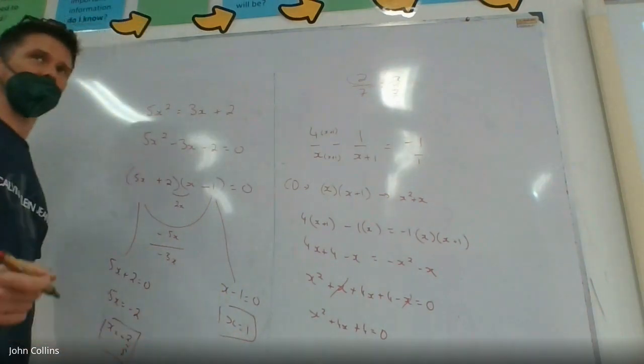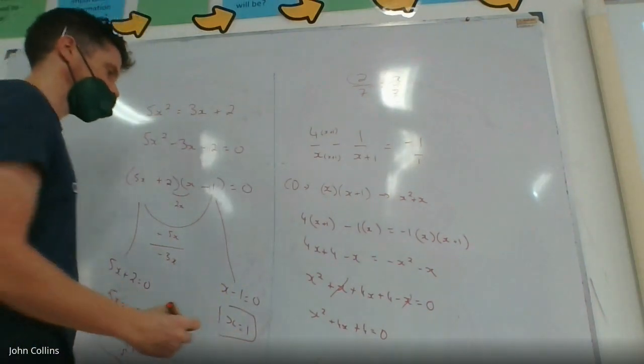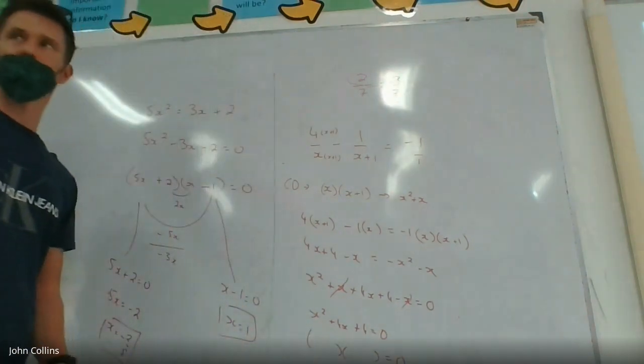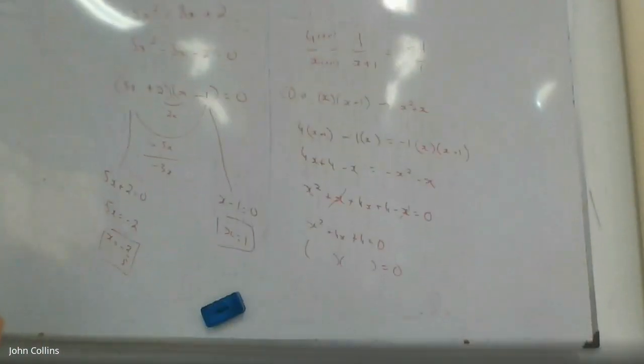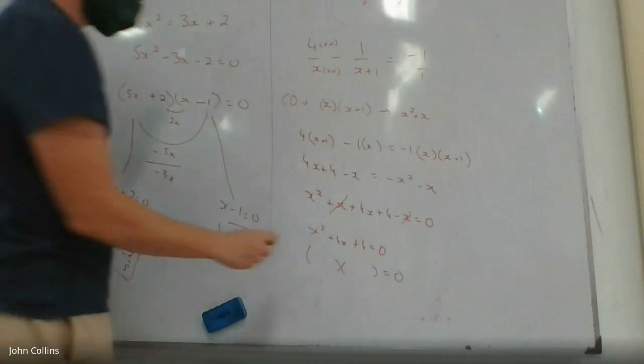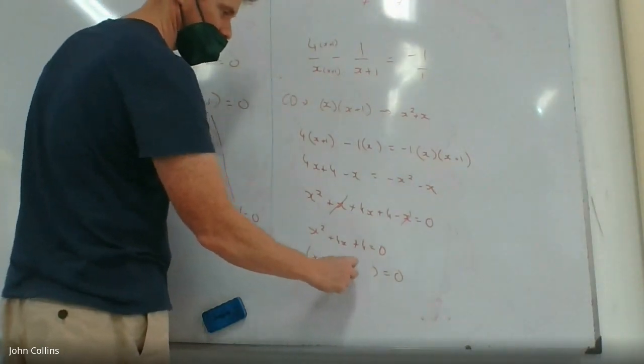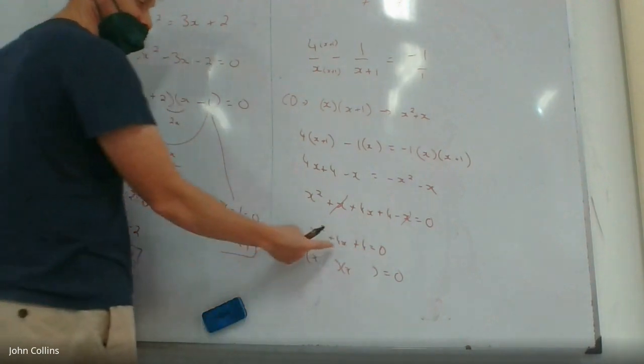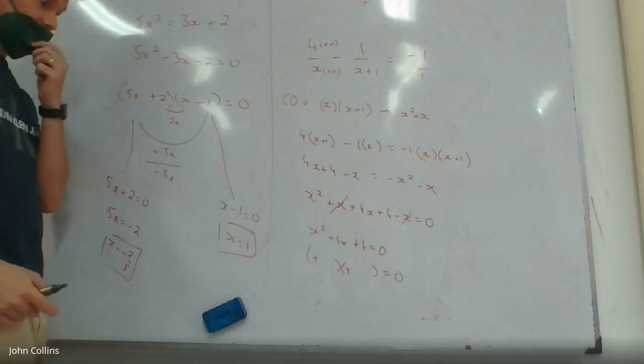Gabe, what did you get for the answer? Factorize: x and x squared. Numbers to multiply to give 4, and we'll add to 4. That's 2 and 2.